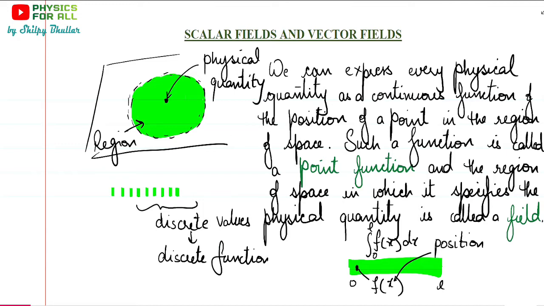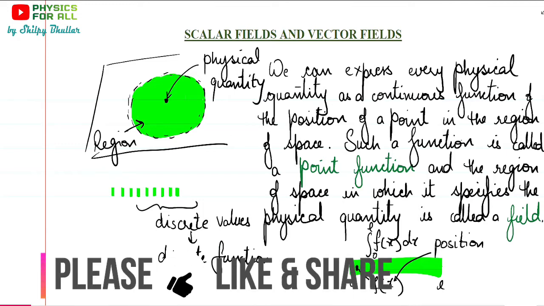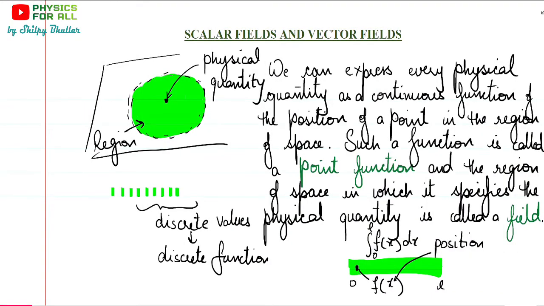And this is the reason why we say that we can express every physical quantity as a continuous function of position of a point. Obviously, we need one point and we will see its position. We have taken this point and its position is x. We will represent this point in terms of a continuous function of position of a point in region of space.